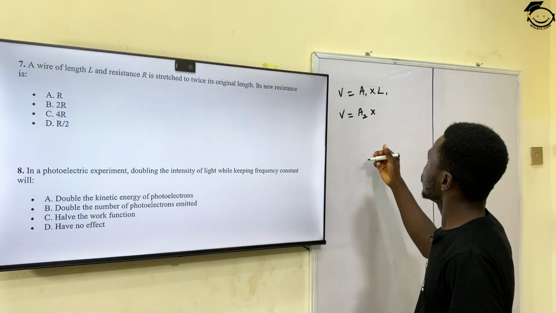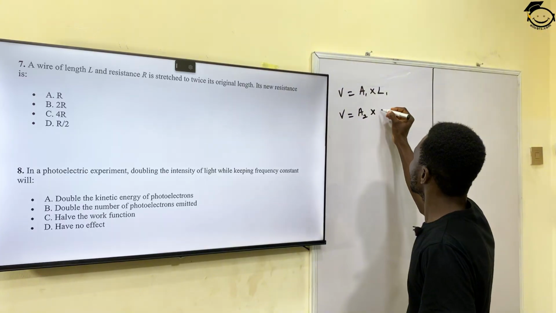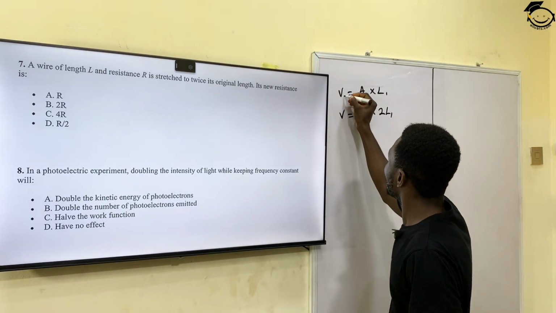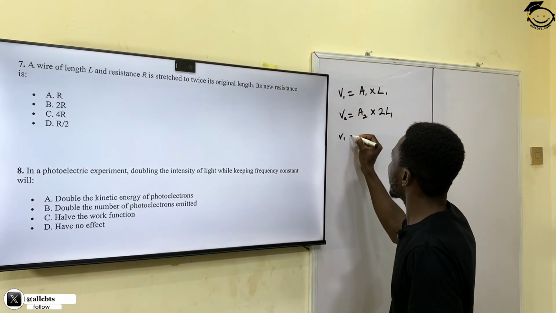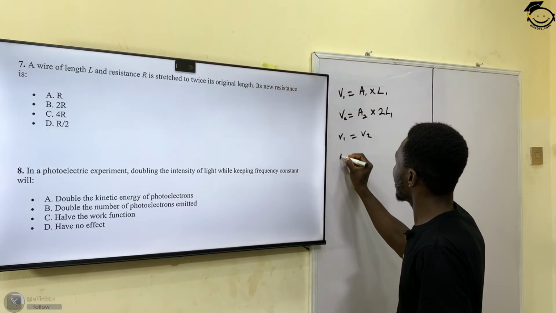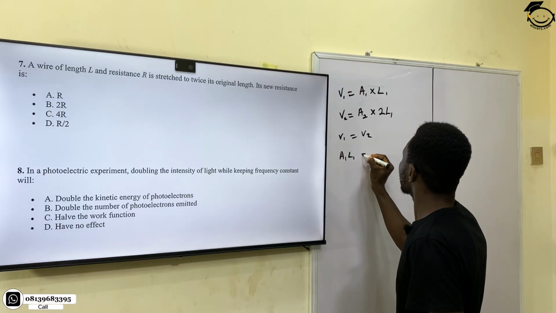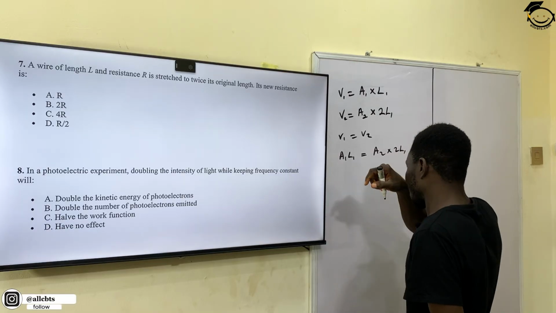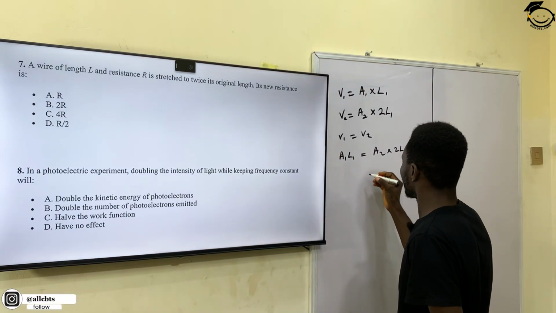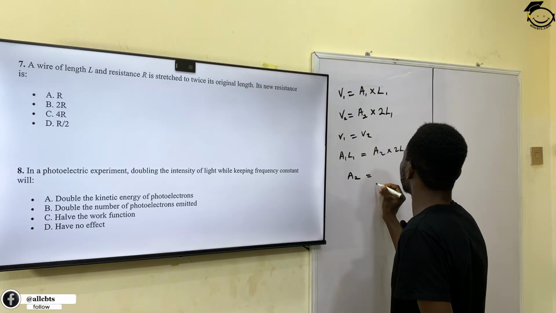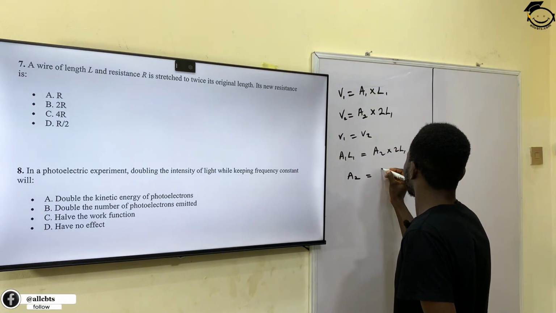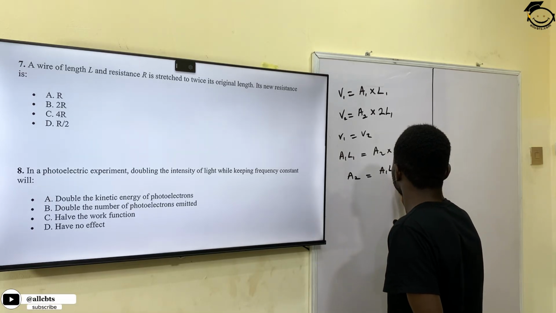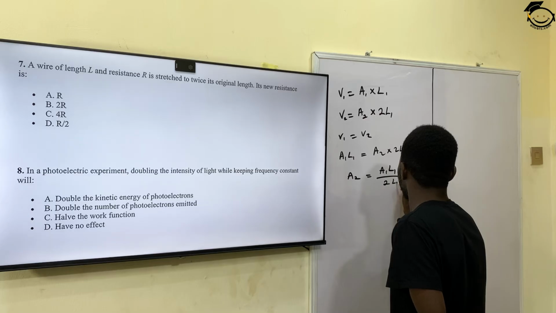And according to the question, they said the new length is twice the original length, which is 2L1. And we know that the volume is constant, which means that V1 and V2 are equal. So if V1 is equal to V2, this means that my A1 L1 is equal to A2 times 2L1. So this is the same thing as saying that my A2 is equal to A1 L1 over 2L1.